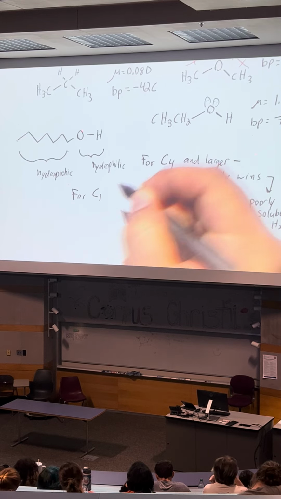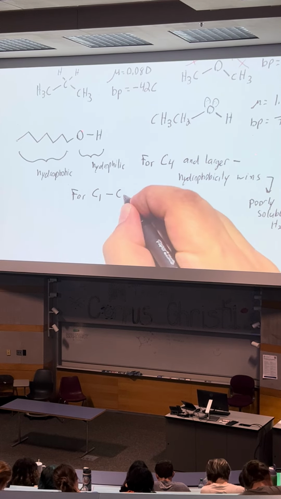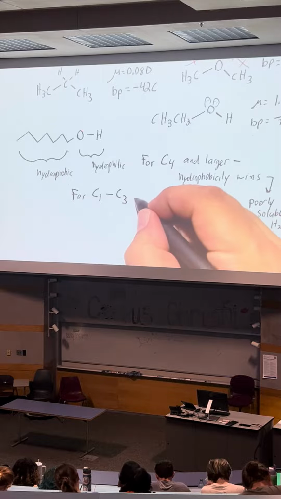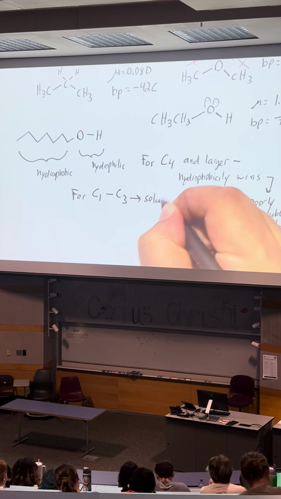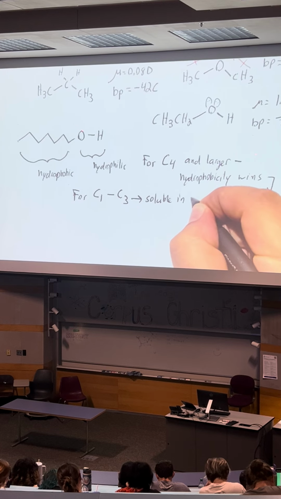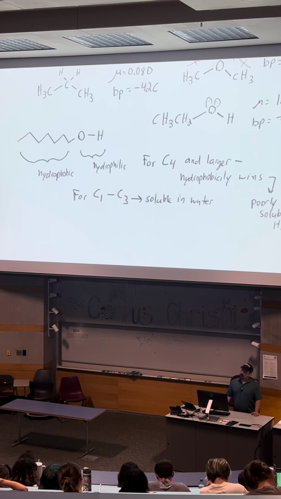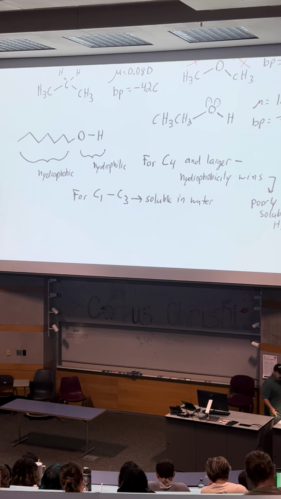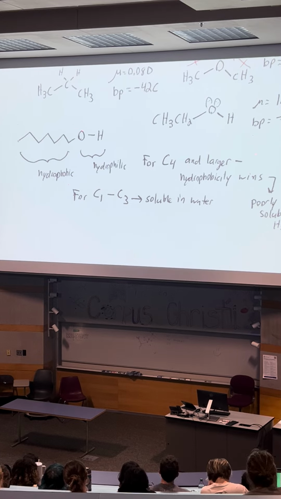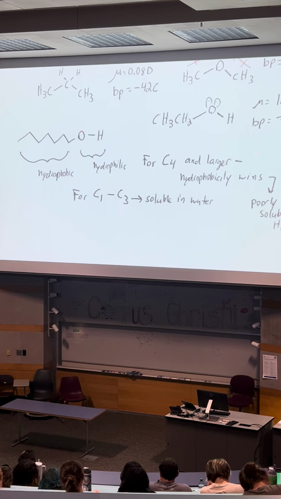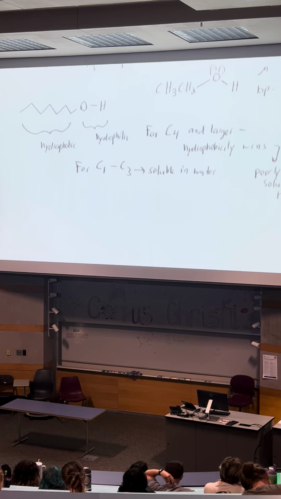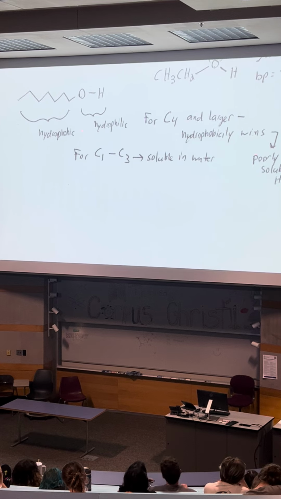For methanol all the way to propanol, these are all soluble in water. And thankfully so. Ethanol needs to be soluble in water for us to make wine and beer. Now, this is a discussion about solubility.